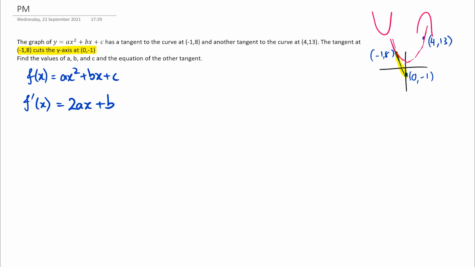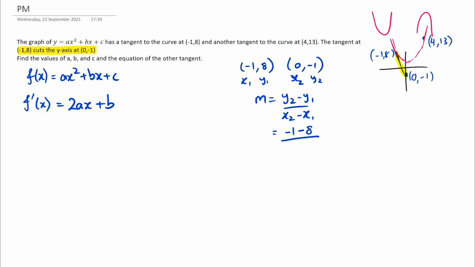So we need to figure out what that gradient is. To figure out a gradient, we're going to write down those two points, which are (-1, 8) and (0, -1). I'm going to put this as x1, y1 and then x2, y2. The gradient is equal to change in y divided by change in x. So the gradient is going to be -1 minus 8 divided by 0 take away -1.